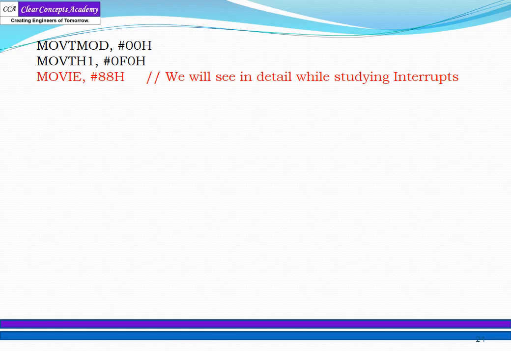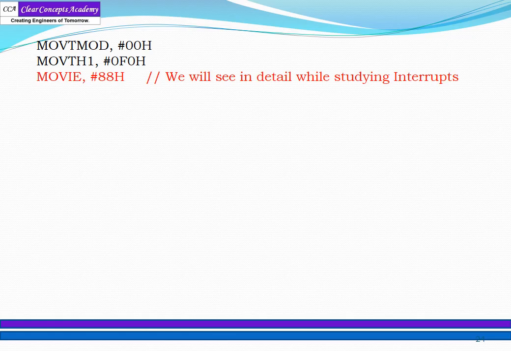Move TMOD, 00, because we want to make the timer mode 0. Now move TH1, F0 hexadecimal.